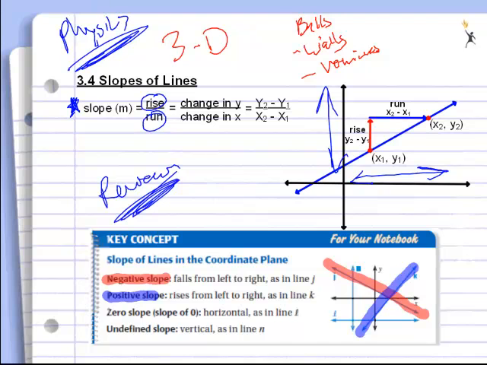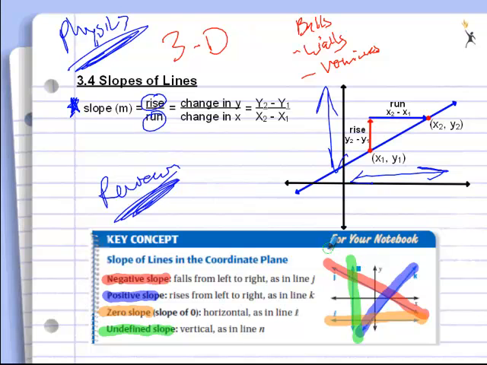You can have something with a zero slope. A zero slope means there is no increase or decrease. It is flatlined. Just like a dead person has no pulse, a flat line or a horizontal line has no slope. And then you can have something called an undefined slope.